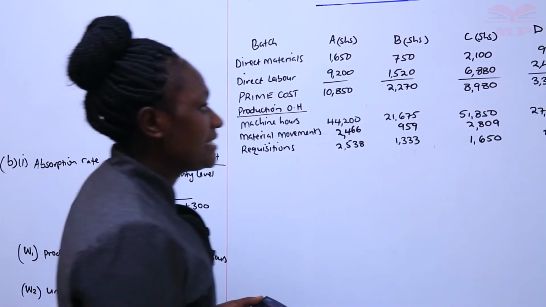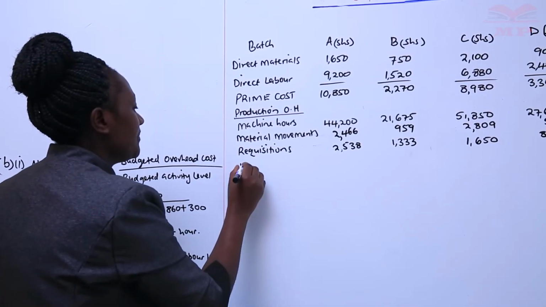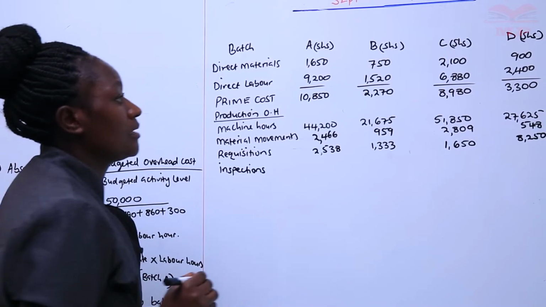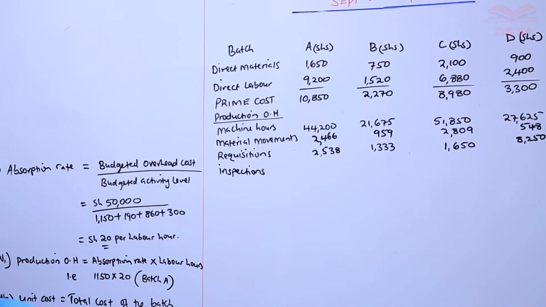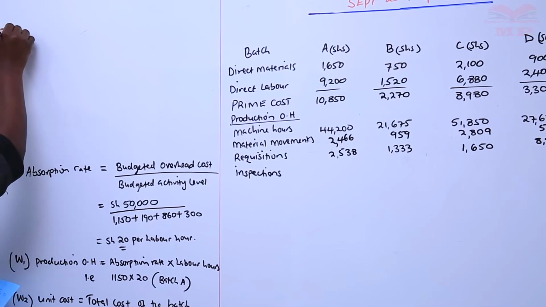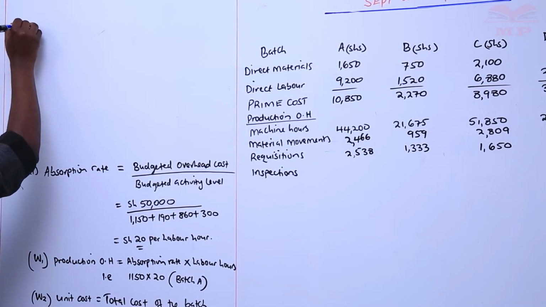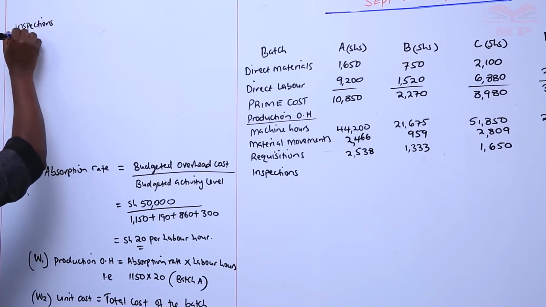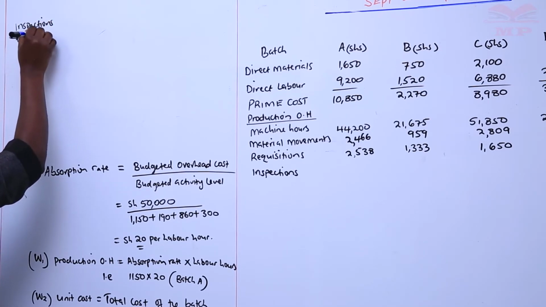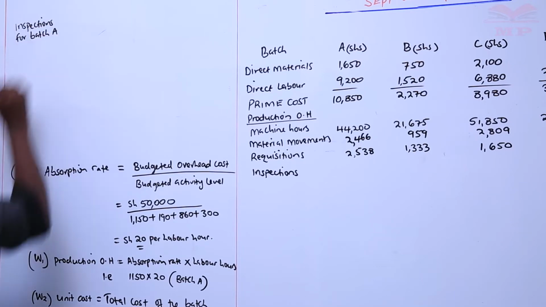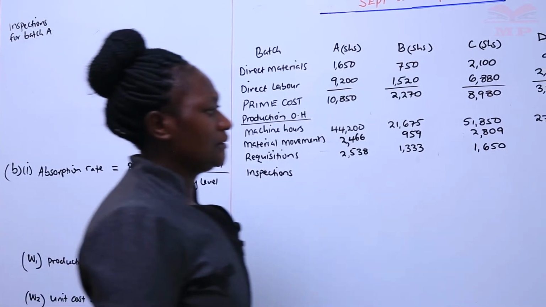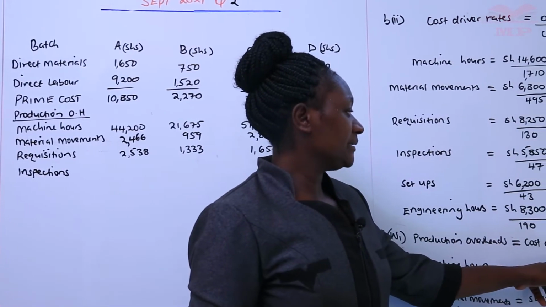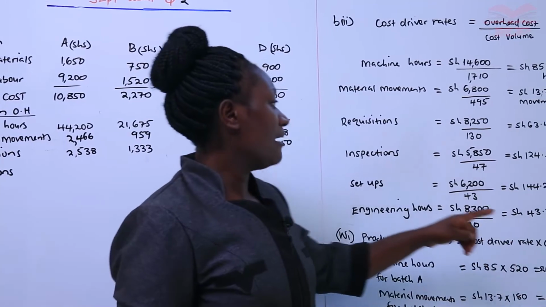Then our next cost driver is inspections. So we are to calculate the production cost based on inspections. Inspections for batch A will be calculated as follows. We have cost driver rate multiplied by cost driver volume.